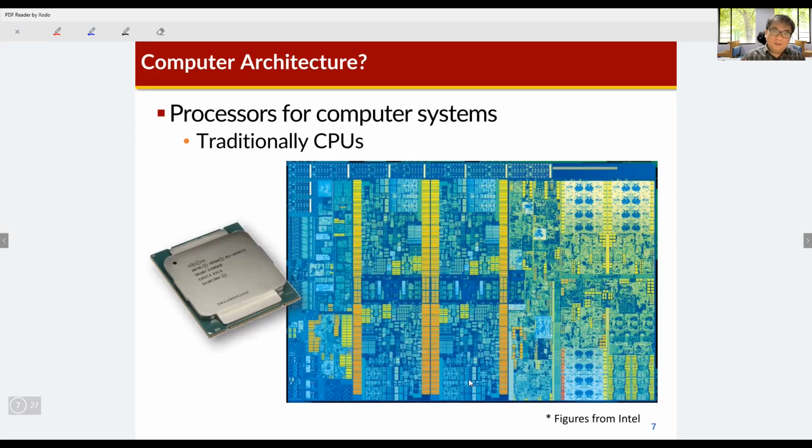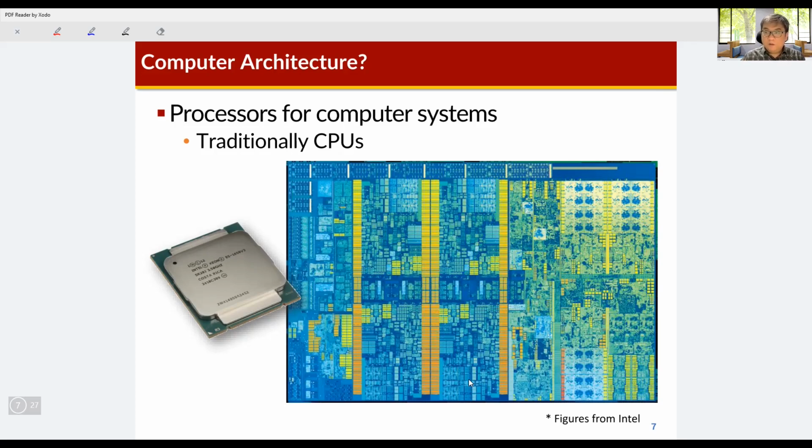So we focus on the architecture of the CPU. Why? Because the CPU is a very critical and important component in computer systems. Why? The instructions are executed in CPU cores. That's why CPUs are very important.